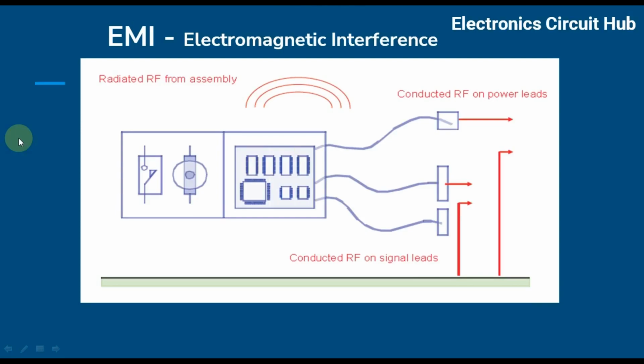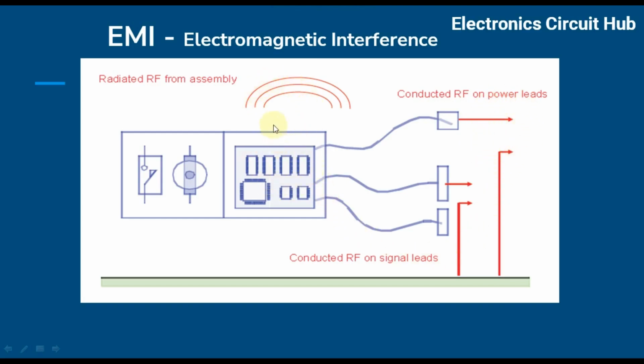In the image here, you can see your electronic circuit board, that is PCBA, printed circuit board assembly, and your EMI can couple through the wire or power leads, which can impact other products, other systems.